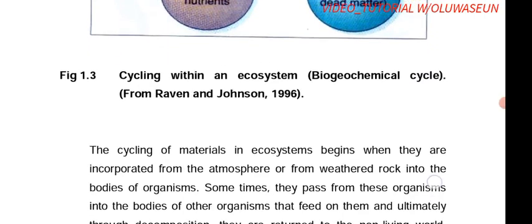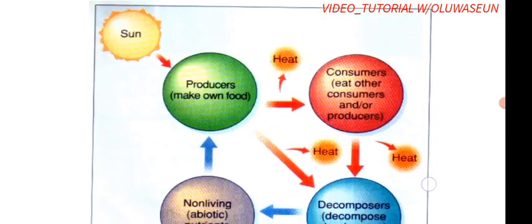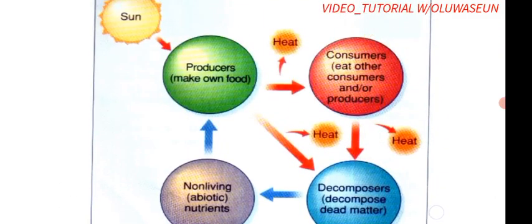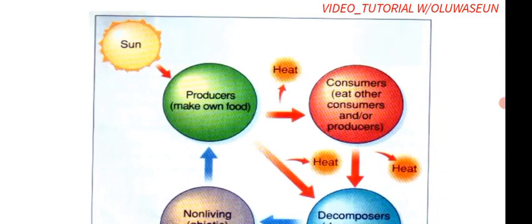Now, this is the diagram for cycling within an ecosystem. You will see everything started from the sun, the energy source. This is one of the basic steps. You remember what we learned in Unit 1, the basic steps of functioning of an ecosystem. It starts with the energy source.